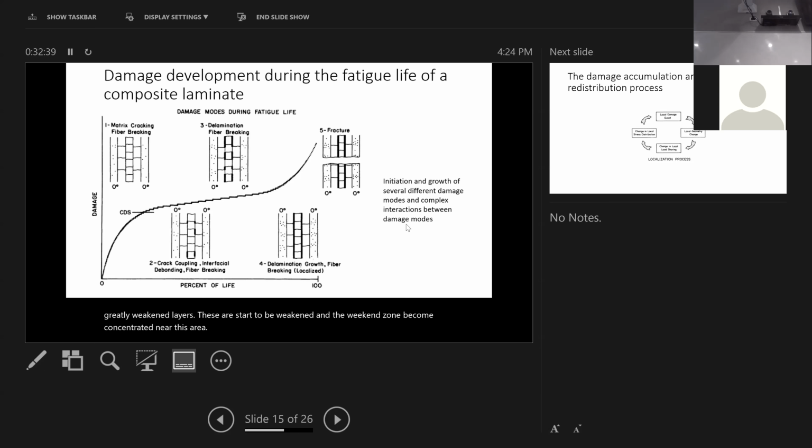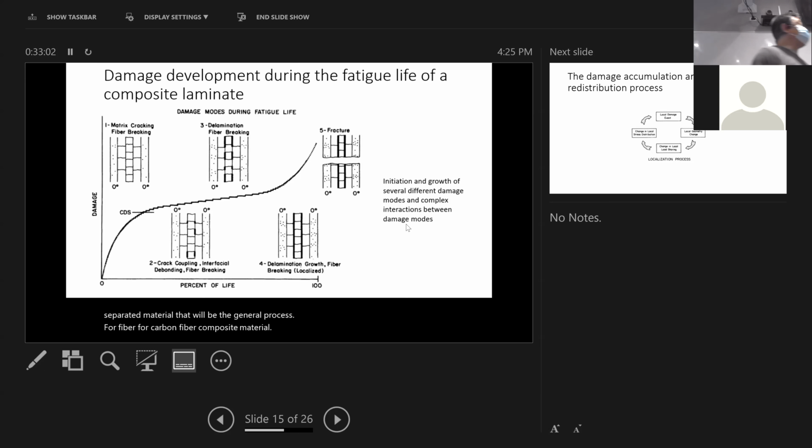And at some point, one of the weakened zones starts coalescing. They form a run-through crack, and that separates the material. That will be the general process for carbon fiber composite material.